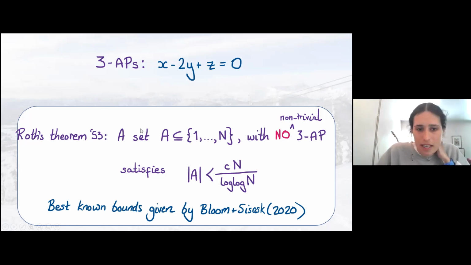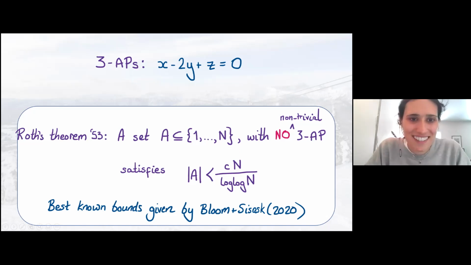But Roth's theorem says that if you have a set with no solutions, then it's got to be small. This is a very famous problem in additive combinatorics, and people all the time are trying to improve the best bounds. I think there are some very interesting but difficult methods in this paper of Bloom and Sisask. Okay, so that's 3-term arithmetic progressions.